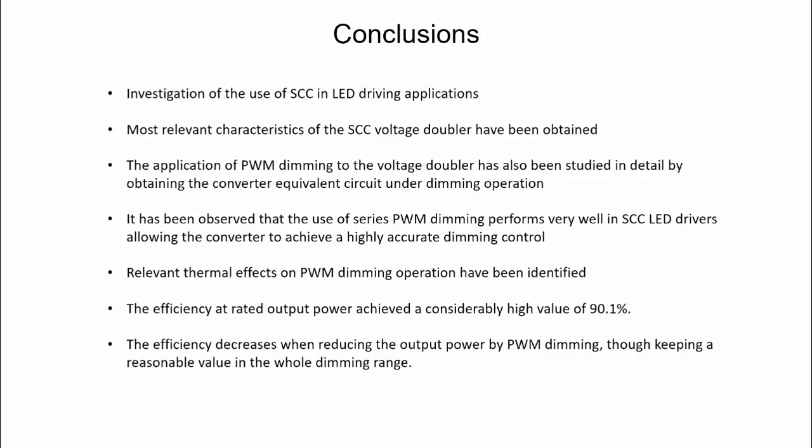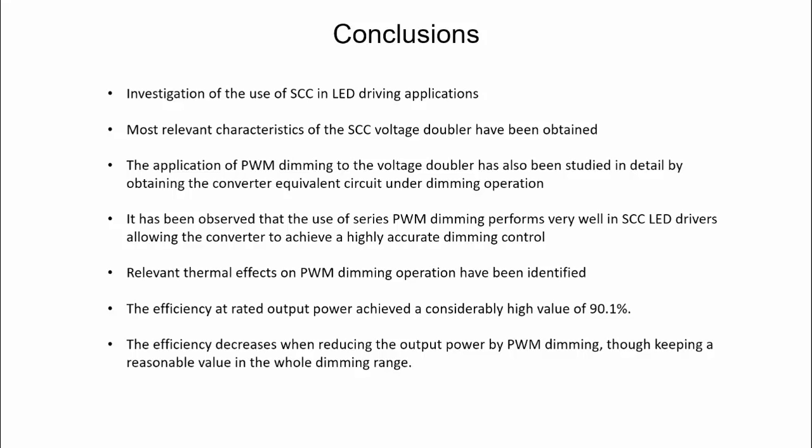Relevant thermal effects on PWM dimming operation have been identified, which in this case are favorable for the use of PWM dimming because they allow to decrease the peak current circulating through the lamp. The efficiency obtained was considerably high, more than 90% at rated output power.